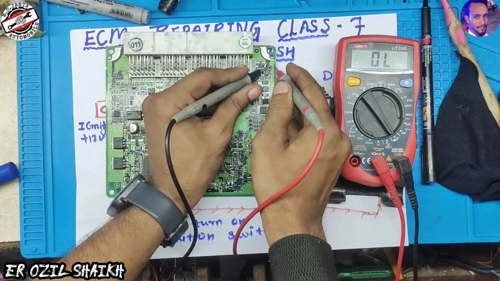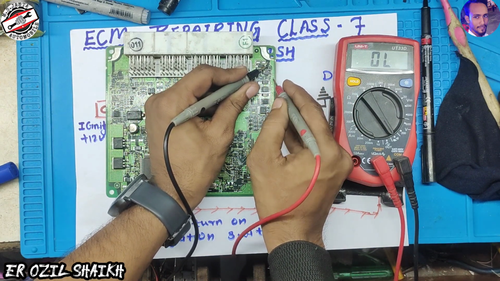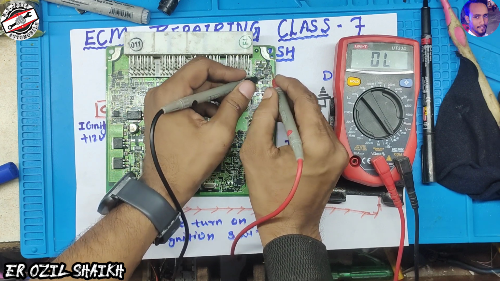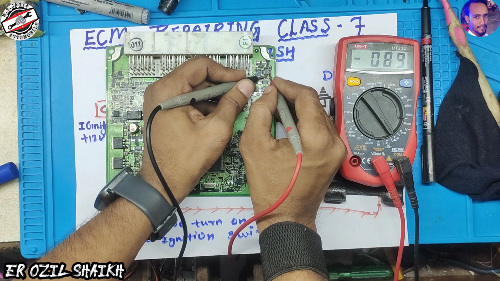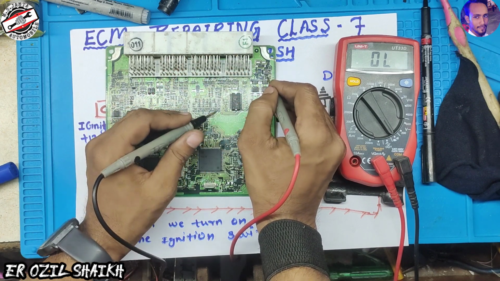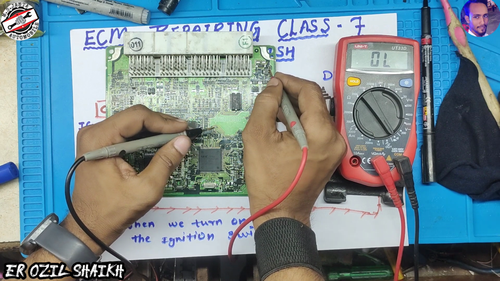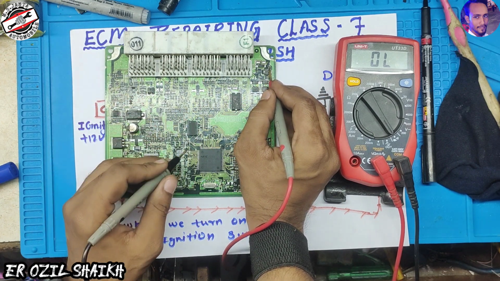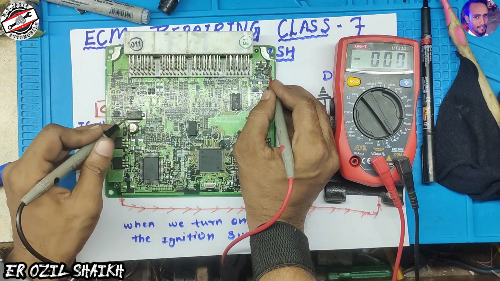After that, the anode side of this diode and the cathode side of this diode connect to one side of the resistance, and another side of the resistance connects to pin number 1 of the transistor. And pin number 3 of this transistor is connected to ground, as you see here.